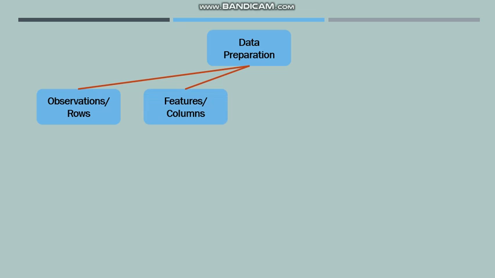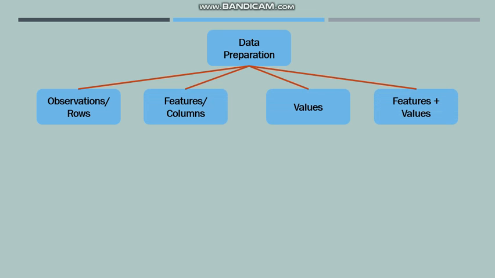The vertical lines in tabular data we call columns, or data scientists use features. Next we have the record, in the data set we have values, and we have feature plus values. Each and every one we will discuss in detail.